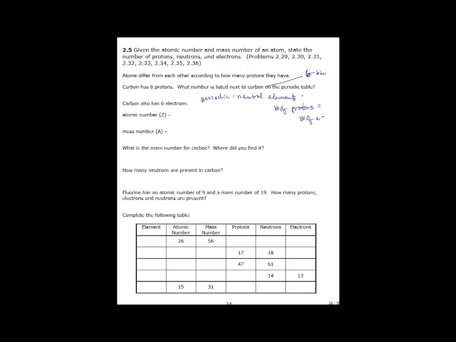So, the atomic number is the number of protons in an element. It can also be the number of electrons if this is a neutral element. On your periodic table, this is the number in blue.